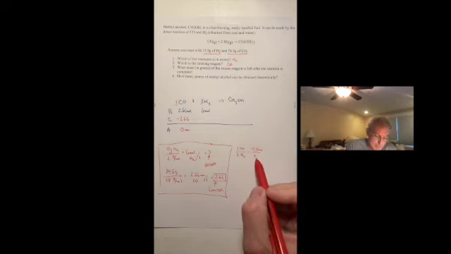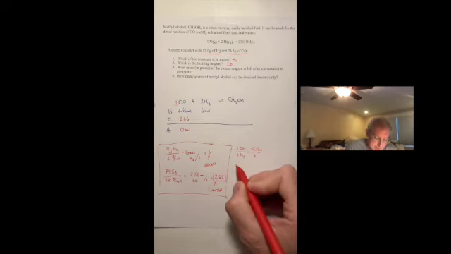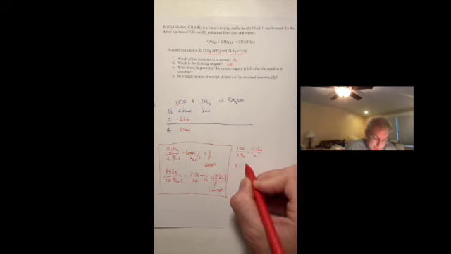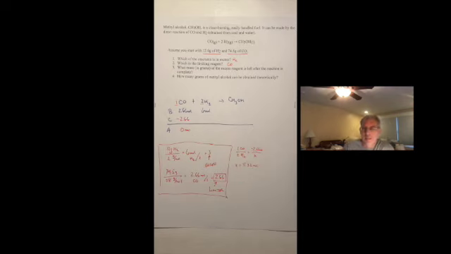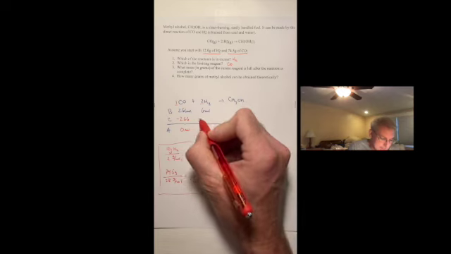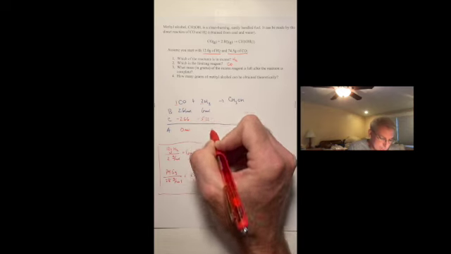So if I cross multiply, I get X equals 5.32 moles. Again, I did the math already, so I didn't have to break out my calculator. So this thing is negative 5.32 moles.